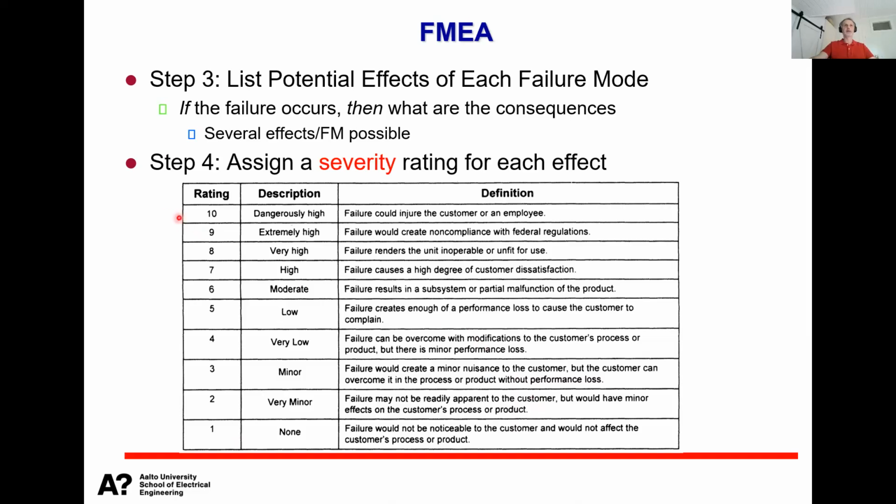So for example, severity number 10 means that the failure is something that could really kill or very seriously injure the person who is using or who is working with that product or whatever. So this is severity rating number 10, and severity rating number 1 is that the severity is practically 0, so the customer won't even notice if that failure occurs.